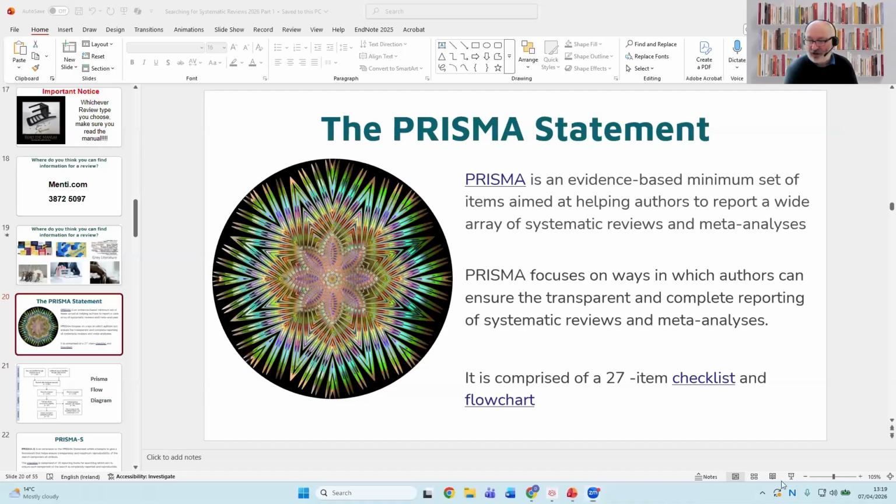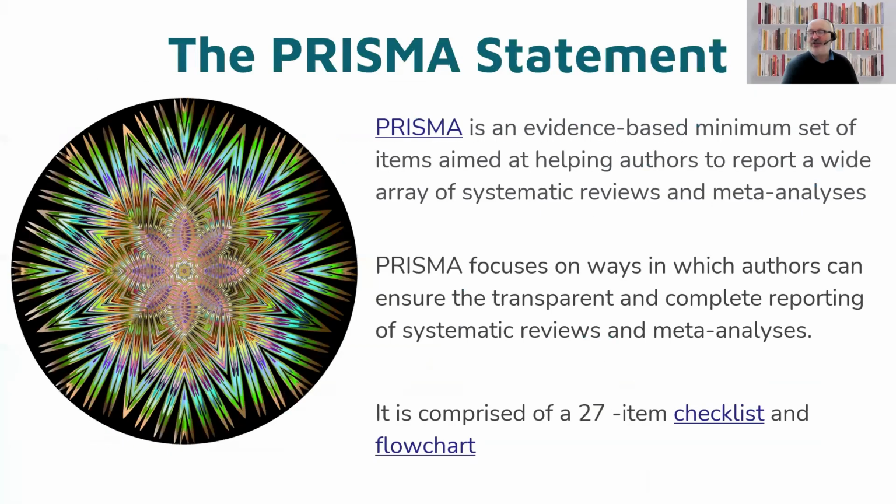Okay, so there are places to be looking for information. One other thing to point out to you is PRISMA. Something went wrong there. Let me share my screen again. So PRISMA is a set of items that you would use when reporting your systematic review.